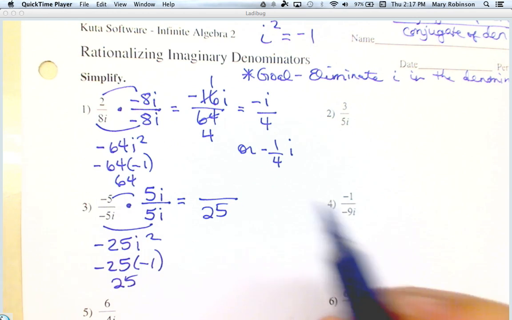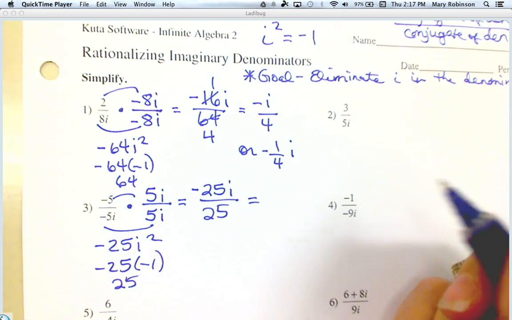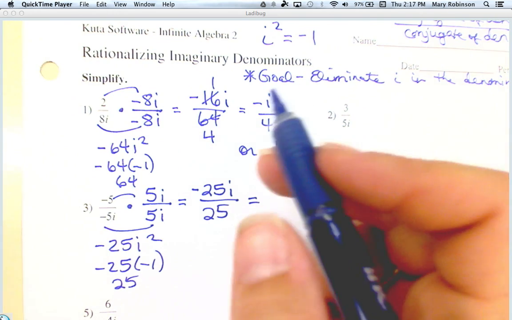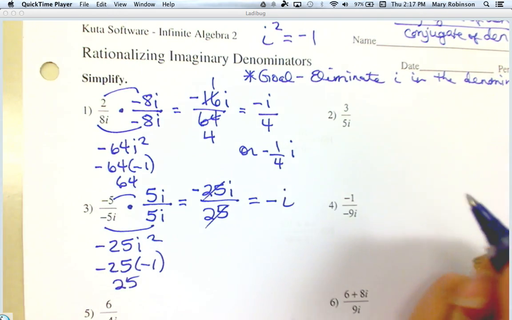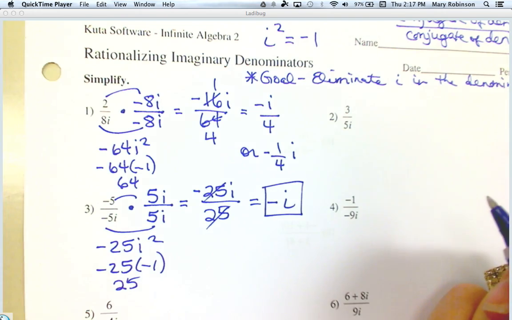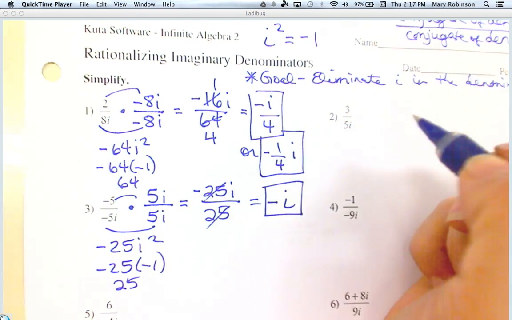When I multiply my numerators together, I get -25. The 25s will cancel out, leaving -i as a final answer.